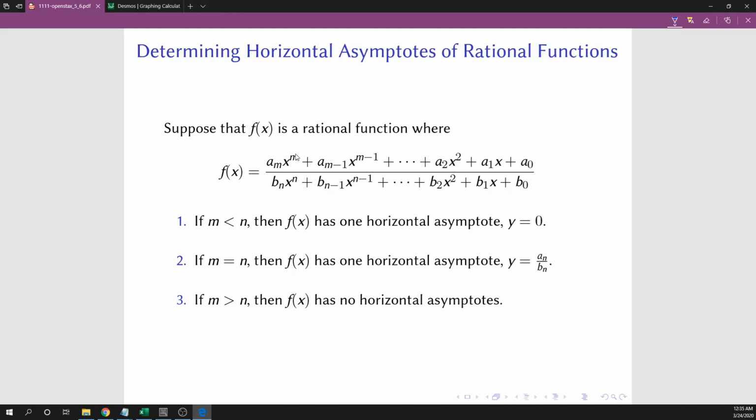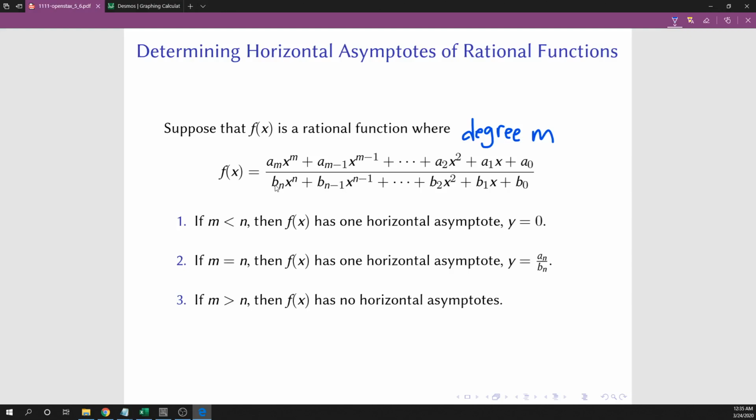Here I have a rational function, and instead of just putting p of x over q of x, I've spelled all this out. This top polynomial is written in descending powers of x. The degree of the top is m. Remember, the degree is the highest power.